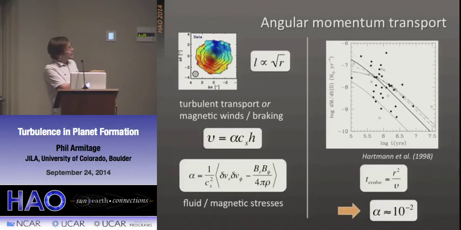And if you do that, you would estimate that the evolution time of the disk is something like the scale of the disk squared divided by this turbulent viscosity. And then if you know the disk size, say that's 100 AU, you observe that to be 100 AU, and you know that the disk evolves on this observed timescale of a few million years, you can immediately get a constraint on what this viscosity ought to be. And if you do that, you get a number for this alpha parameter, this efficiency, that's about 10 to the minus 2.